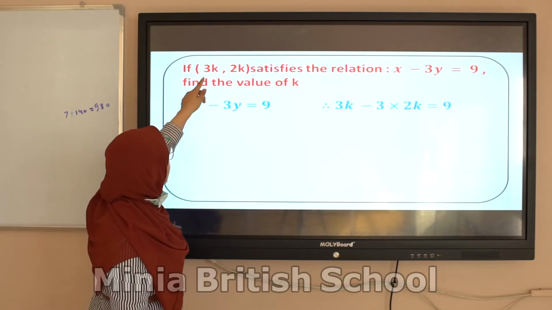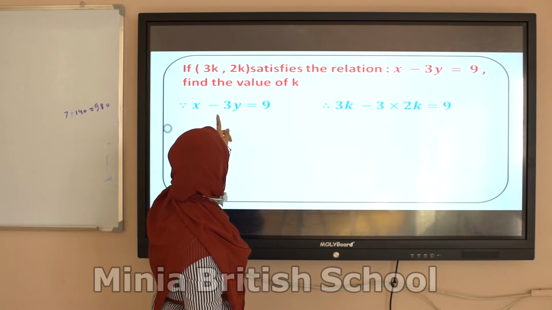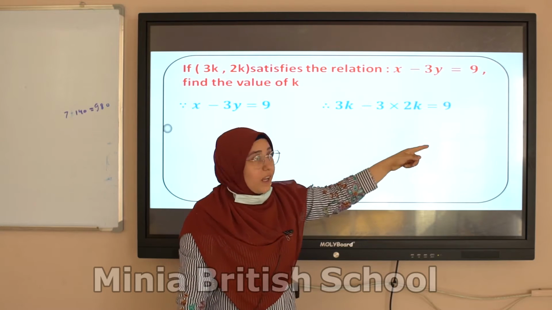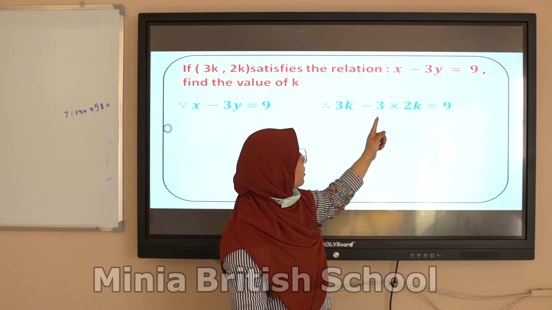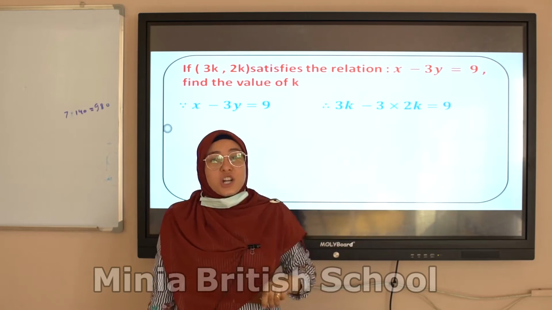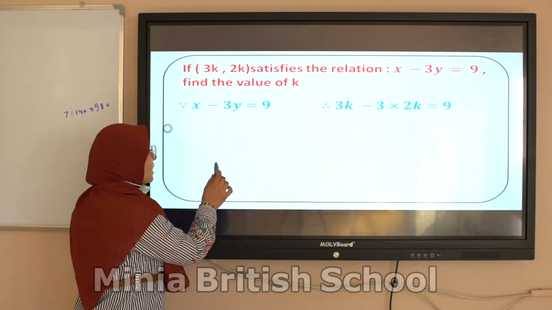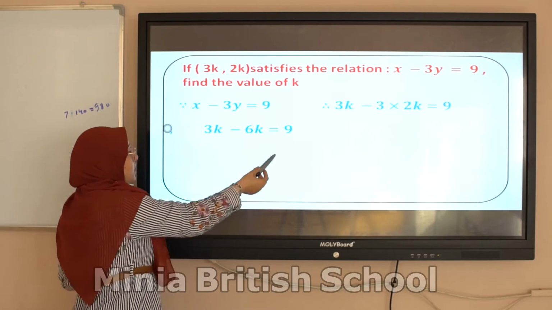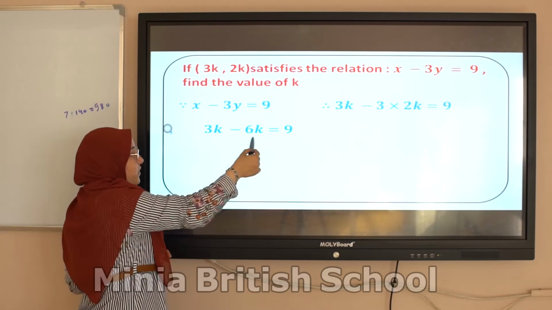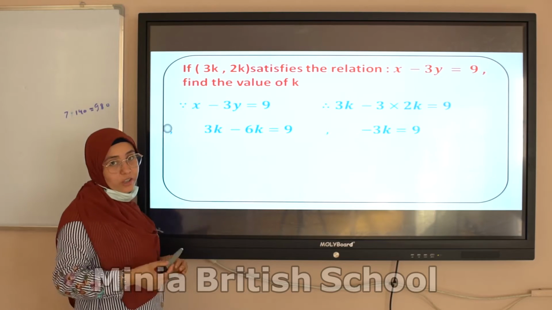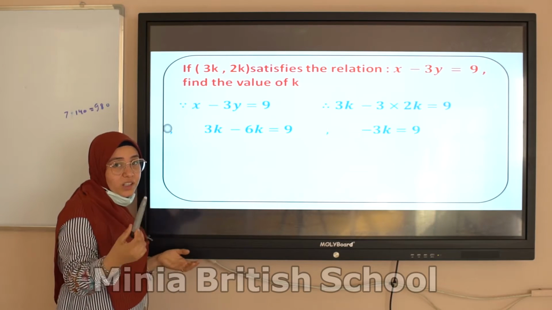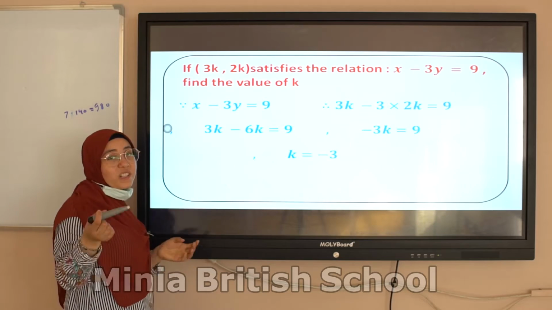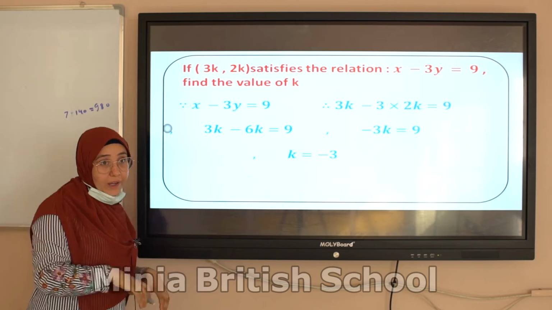So 3k minus 3 times 2k equals 9. I will simplify it: 3k minus 6k equals 9, so negative 3k equals 9. Divide both sides of the equation by negative 3, we get k equals negative 3.